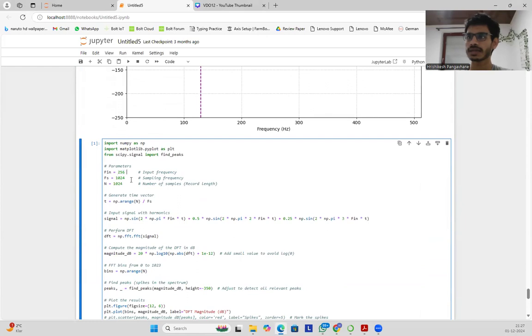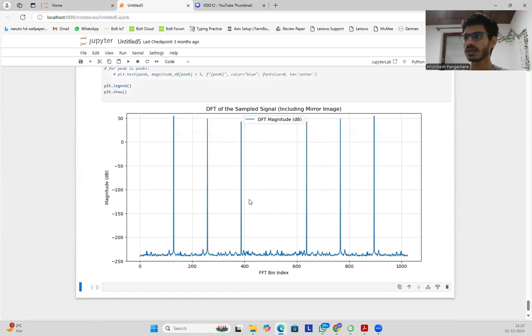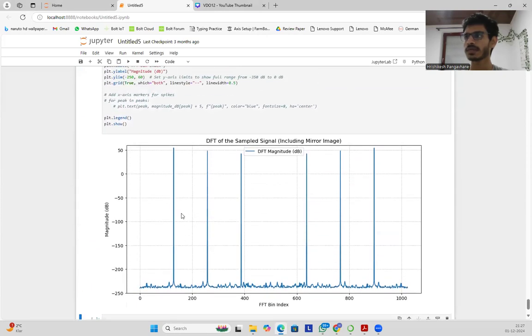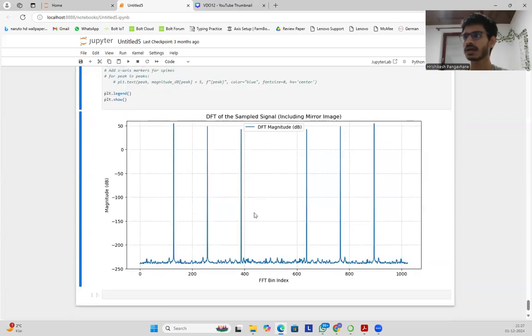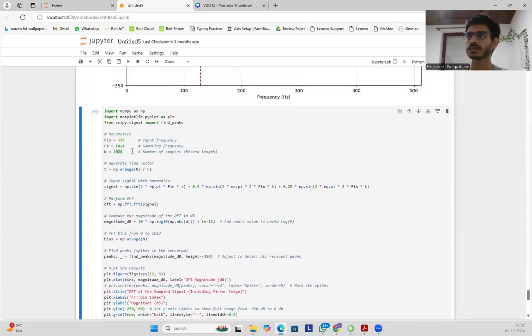So let's take an example where we have Fin by Fs as 129 divided by 1024, and when we run this code, we get 3 harmonics like this, right? And what if, instead of 129, we take 129.01?